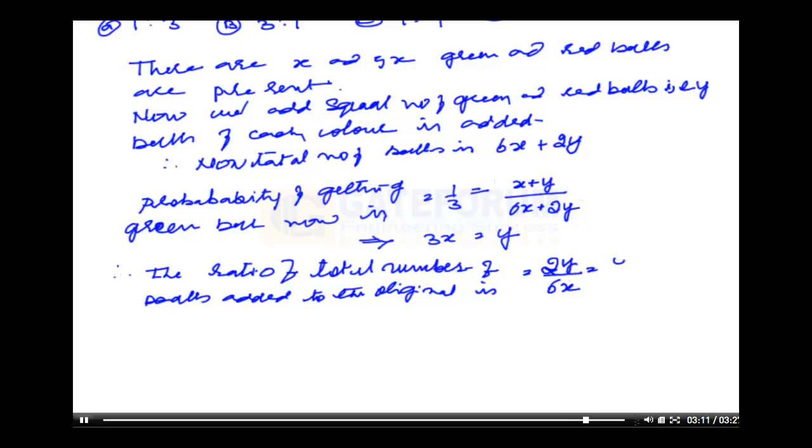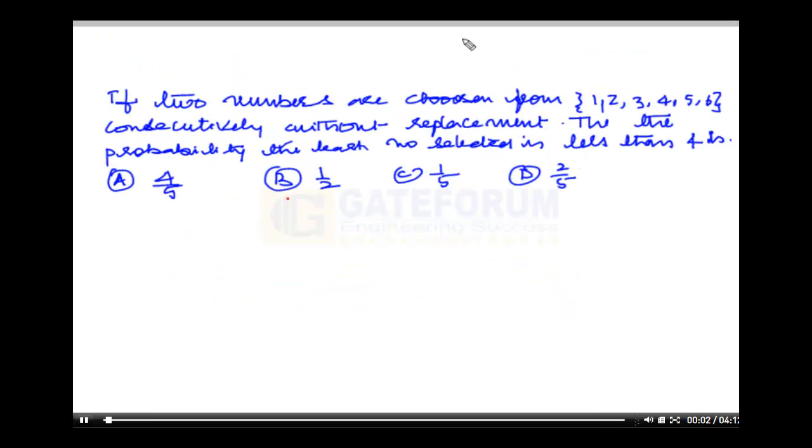Therefore that is equivalent to y by 3x, where we know y is equivalent to 3x, so 3x by 3x is equivalent to 1. Hence the required answer is D.